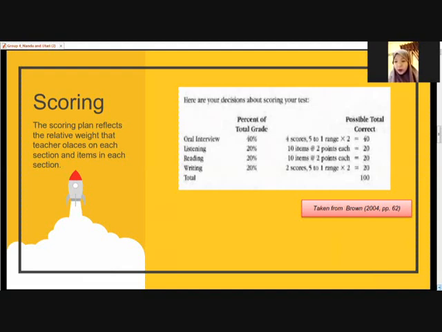So there are percent of total grade and also the possible total correct in the oral interview. So you could take 40% of the total grade. It consists of 4 scores, 5 to 1 range, multiplied by 2. And it is equal to 40.